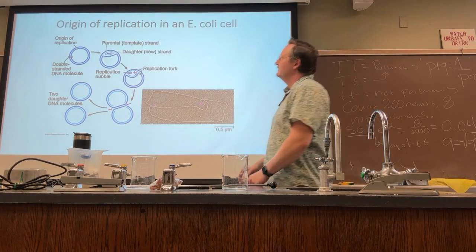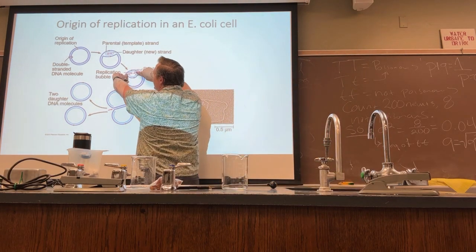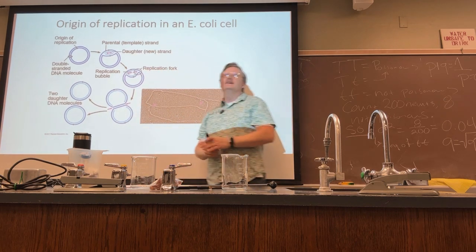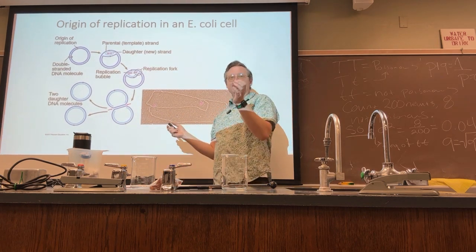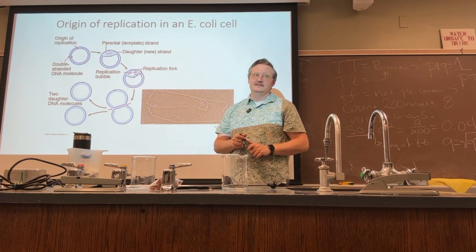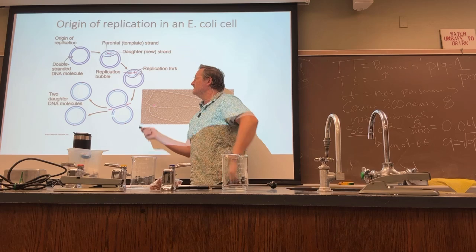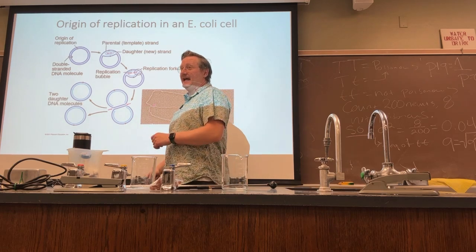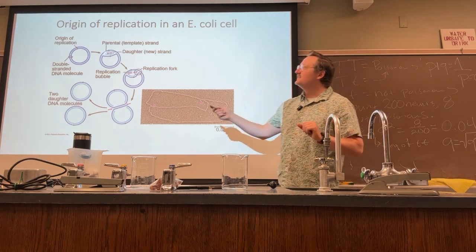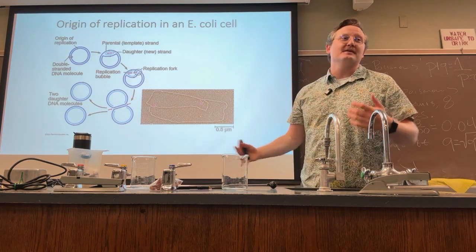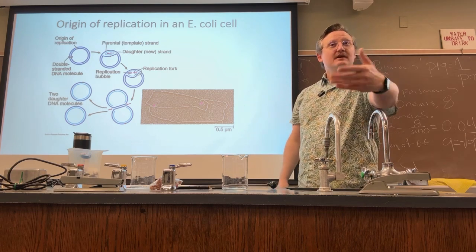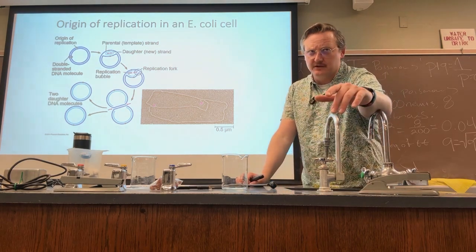And this bubble that forms just expands out and expands out until it completely separates the DNA, the chromosome, into 2 new chromosomes. These new chromosomes are half parental DNA and half newly synthesized DNA. The newly synthesized DNA is indicated with a lighter blue color. The parental DNA, or the DNA that was originally there, is indicated with a darker blue color.